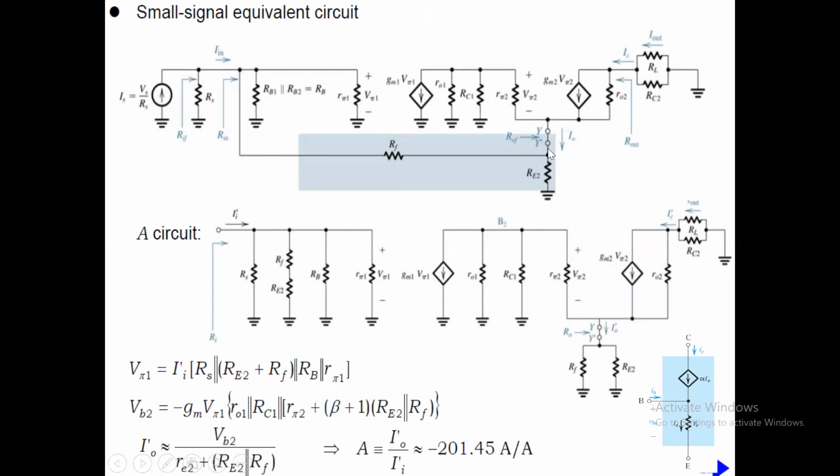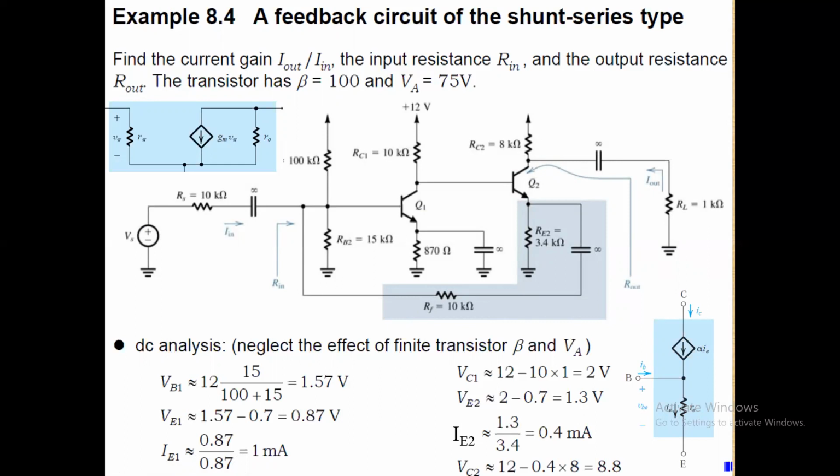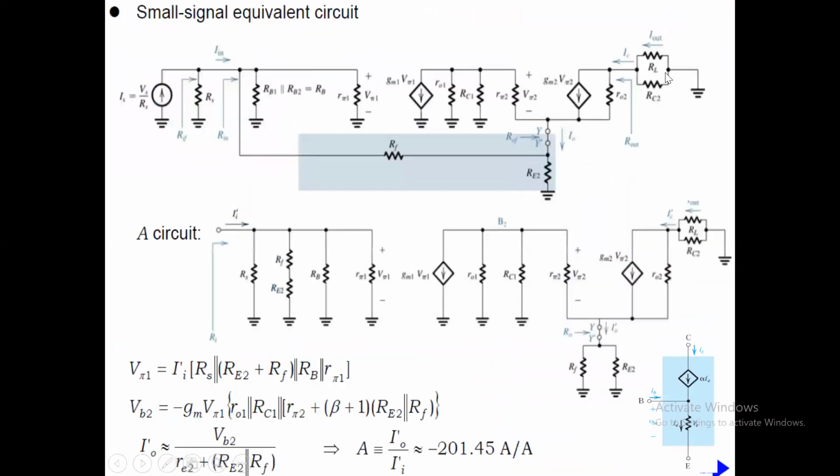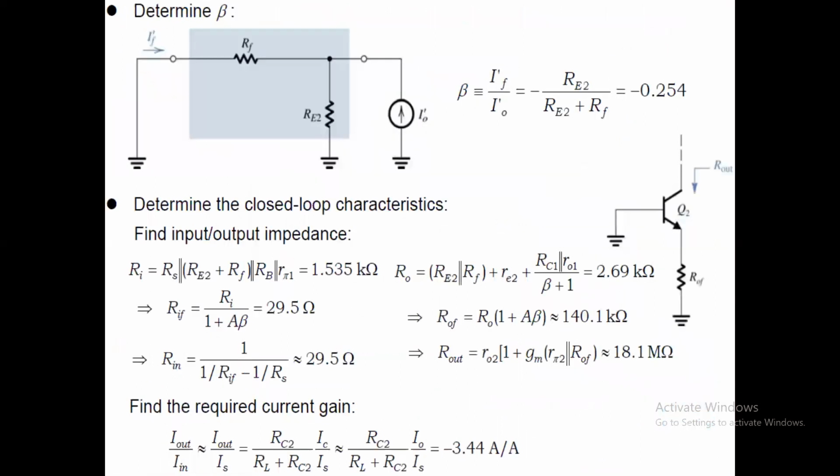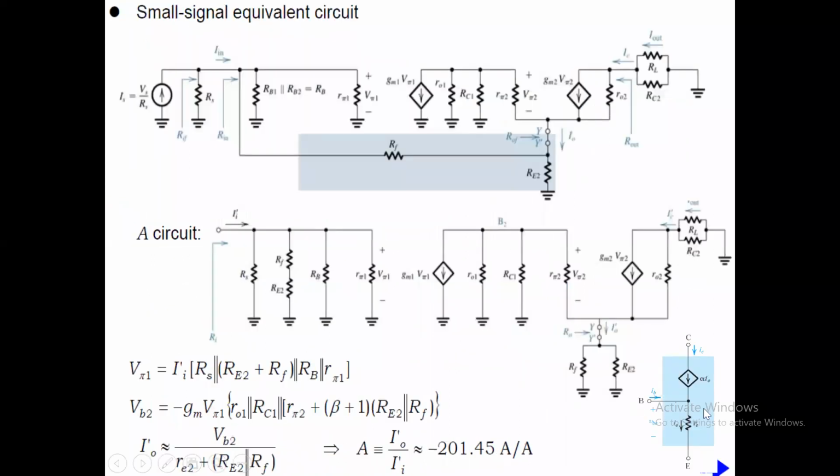Where do we have RO? This is RO. So RO can be considered as the resistance which is measured at this point, and corresponding to that, we have here RE, and RE again in series with the parallel combination of these two.